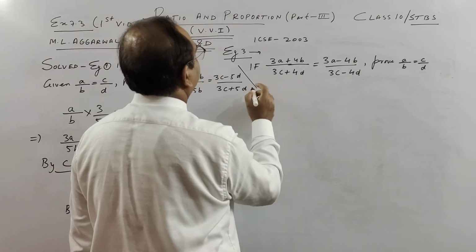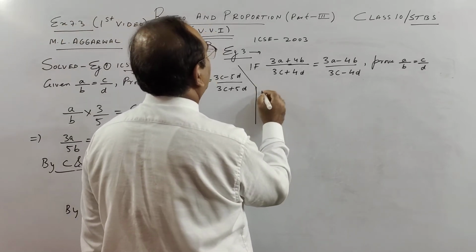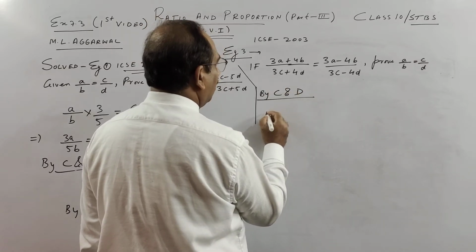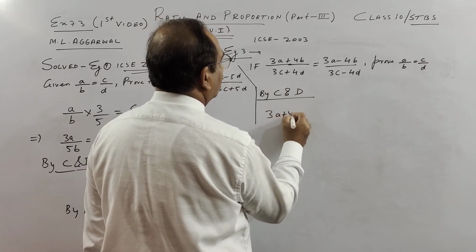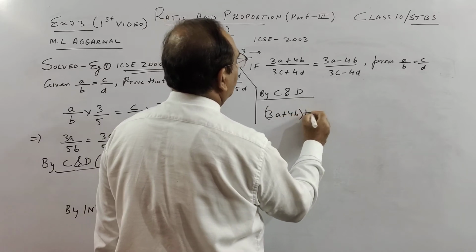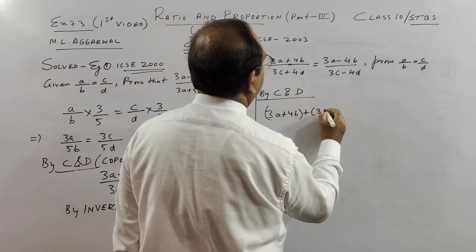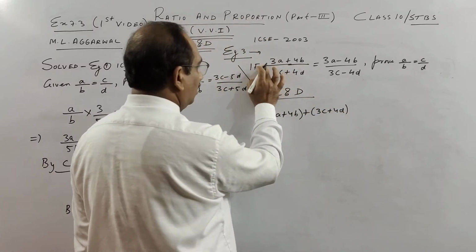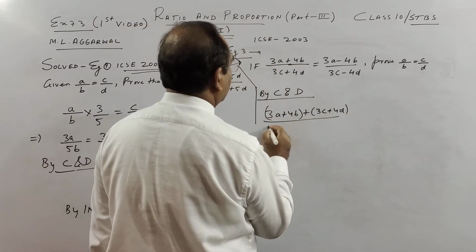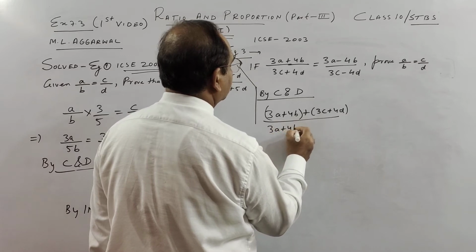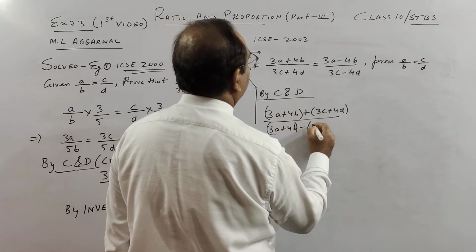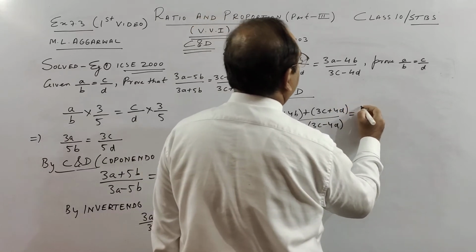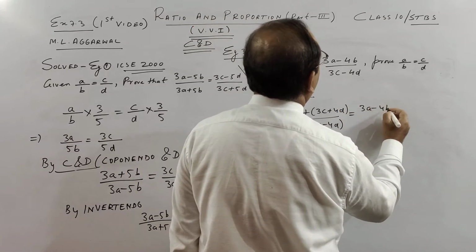By C and D, we add the numerator plus the denominator, numerator plus denominator by numerator minus denominator. This side also, children, same thing.